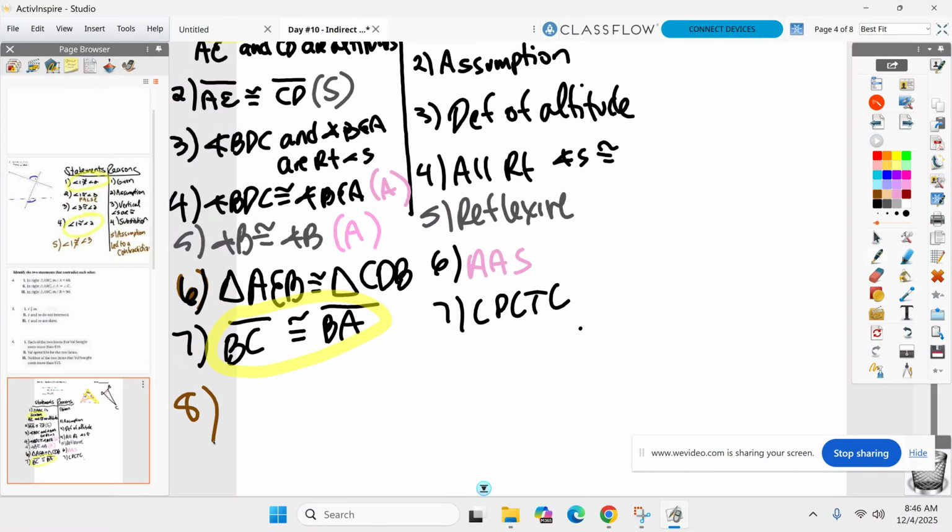My assumption is false. So that means AE not congruent to CD. Once you have that contradiction, you are done with the proof. You just have to write the proof statement. Once you have the contradiction of a given, you are done. You just have to write the proof statement, and our little assumption led to a contradiction.